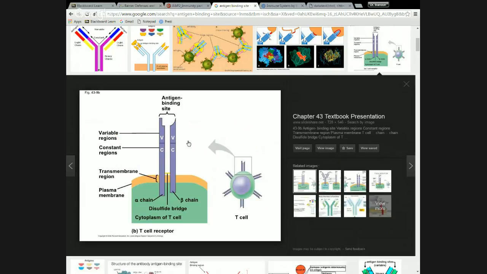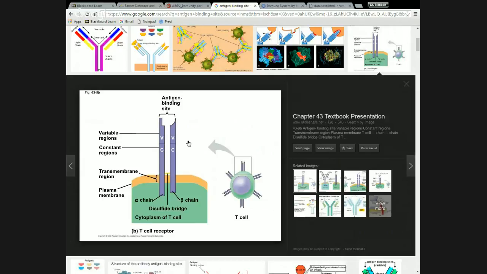This picture shows a T cell receptor, which has a variable region. Okay, first off, instead of a light chain and a heavy chain, it has two chains that are referred to as alpha and beta, which are roughly the same size. At the end of either chain, there's a variable region, just like in the antibodies, and that's what establishes the shape of the antigen binding site.